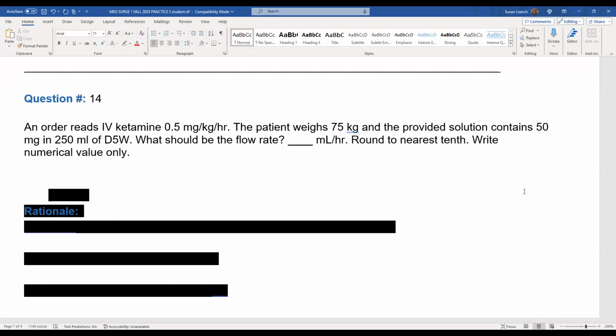Here, it's already in milligrams and it's already per hour, the order. So you don't have to do those conversions, and this is where you have to pay careful attention. Plus your weight is in what here? Kilograms. So a lot of steps you don't have to do here. It's still going to be desired over half, okay?